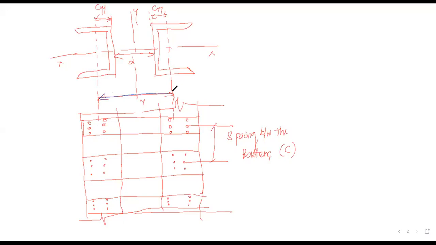From here to here, the length of the batten leg should be denoted by S. And this is our end batten, this one and this one, and this is our intermediate batten.